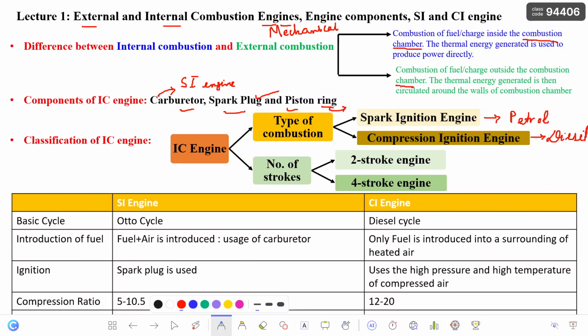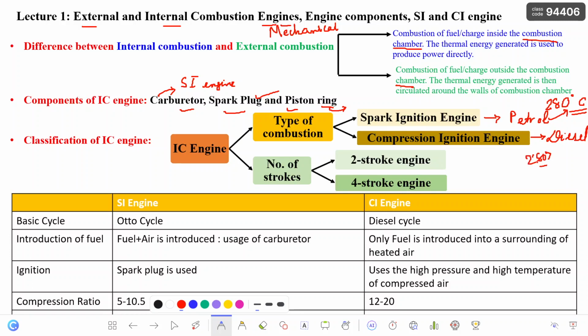The reason why there is a spark plug in a spark ignition engine and no spark plug in a compression ignition engine lies in which fuel is used. Petrol has an ignition temperature of around 280 degrees Celsius, and diesel is a little bit less than 280 degrees Celsius.